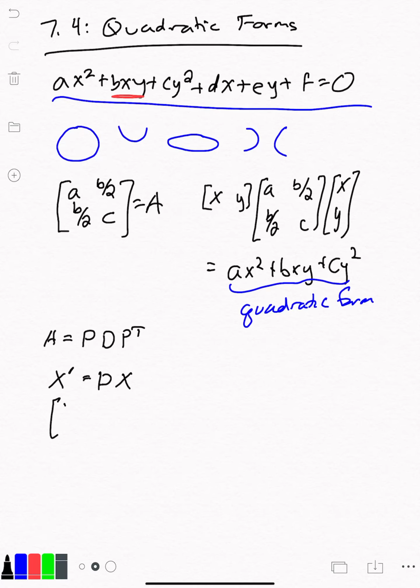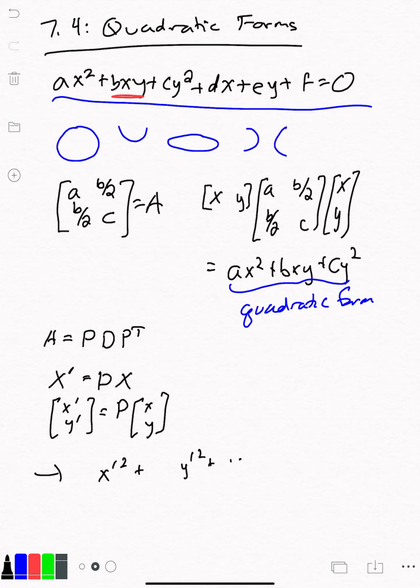So what I mean by that is my new variable x prime, y prime is equal to whatever P is times x, y. Then if you make this change of variables and you get a new equation that has x prime squared and y prime squared and so on, you're guaranteed that you are no longer going to have this cross term. This will not occur in the new variable version of it.